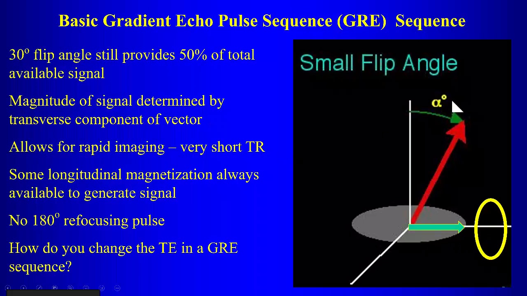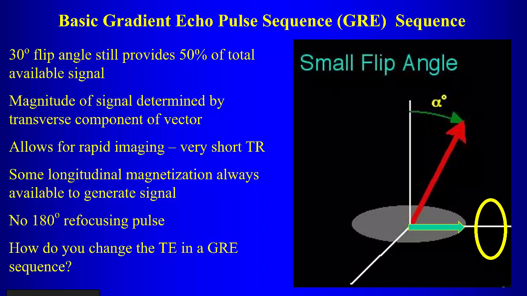Now this allows for very rapid imaging because between your TRs, if you make your TR short, there's still going to be some longitudinal recovery. So you can use very short TRs in these types of imaging sequences, and you'll see as we continue that the TRs are going to determine how long your imaging sequence is going to take to eventually generate an image.